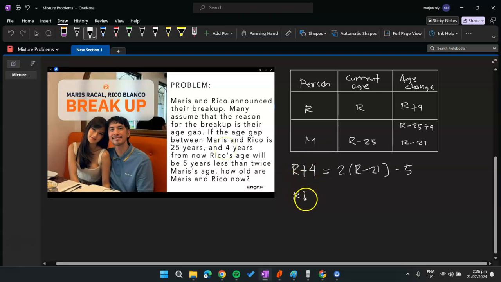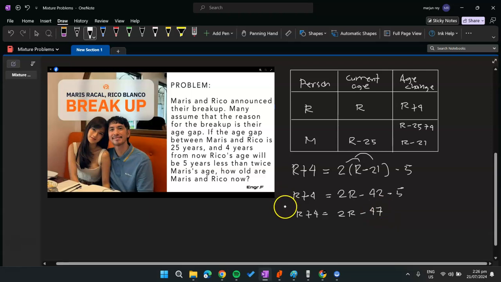So this is now R plus 4 equals, this is 2R minus 42. So I'm going to write 2R minus 42 minus 5. And then R plus 4 equals 2R, for negative 42 minus 5, this is negative 47.